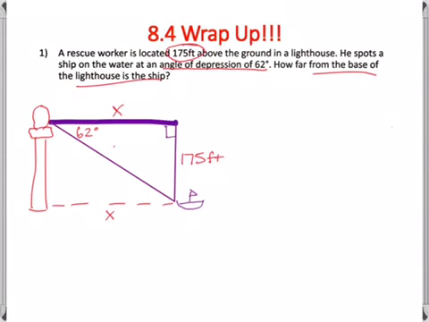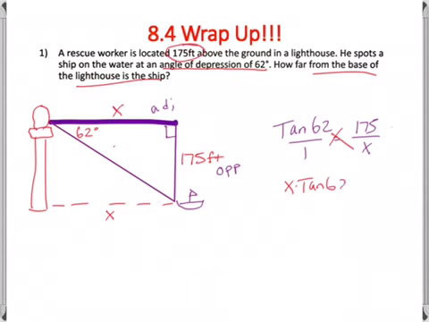All right, and so from our angle of depression, we've got the opposite side here, and we also have the adjacent side. Opposite and adjacent is tangent. So we're looking at the tangent of 62 over 1 equals 175 over x. At this point, we want to cross multiply, so that's x times the tangent of 62 equals 175.